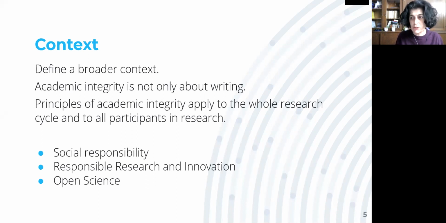They tend to adopt it as a set of rules. And if you take rules for granted and don't know their purpose, you are more likely to disobey these rules or to try to avoid them. So if we give them a broader picture, we tend to develop an awareness in them.